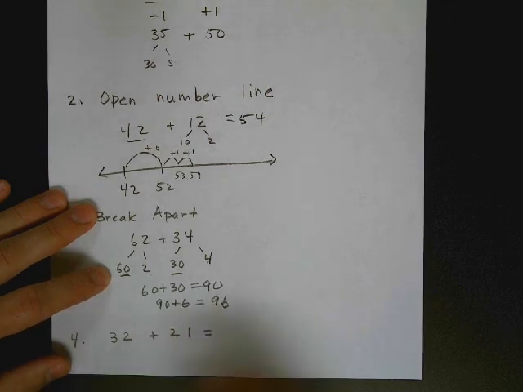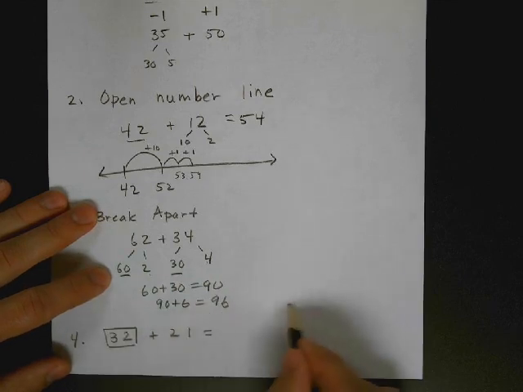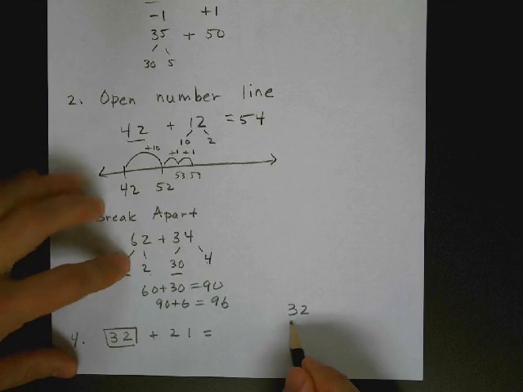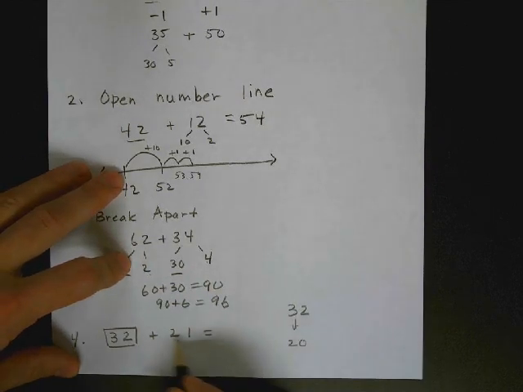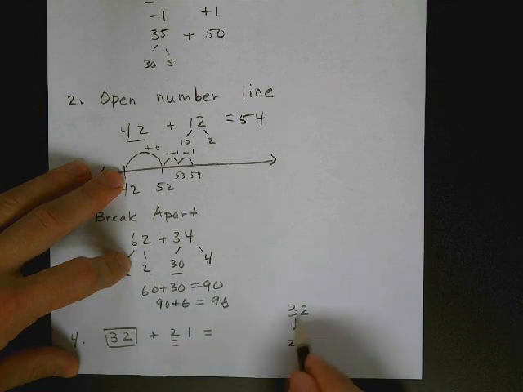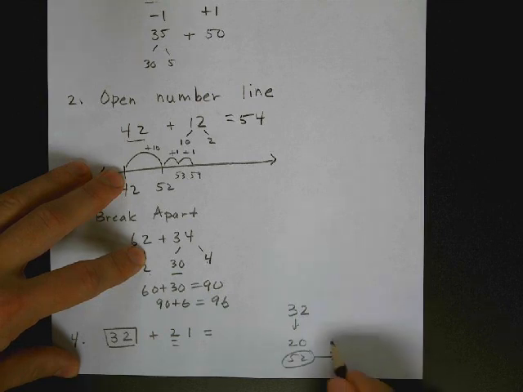If you had the hundredths chart at home, you'd start on 32. You go down 20, 2 10s, should be 42, 52. And you go over 2, over 1, it should be 53.